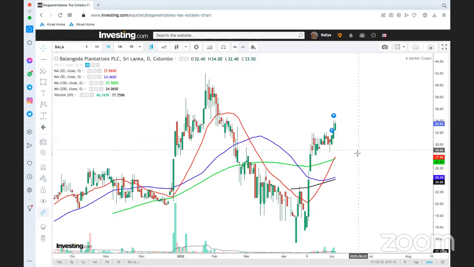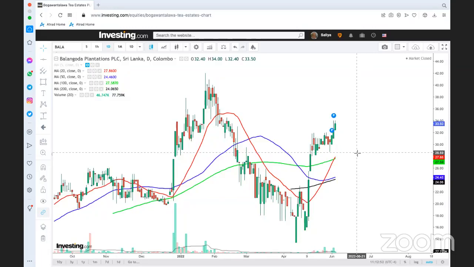Okay, there are so many things that we can see here, but the approach is to look at the trend in the daily time frame and then move to the lower time frames.